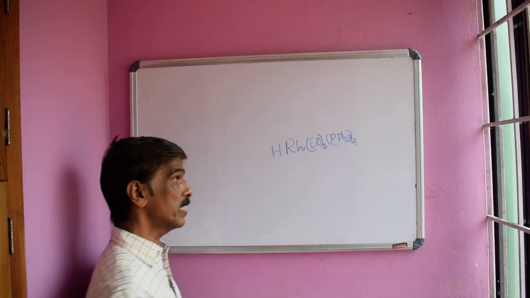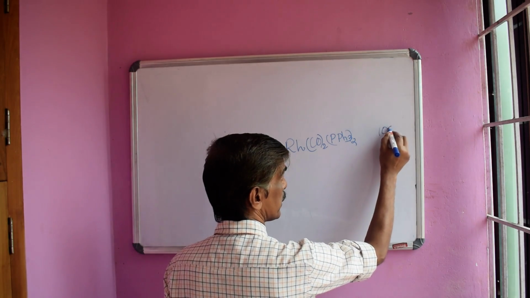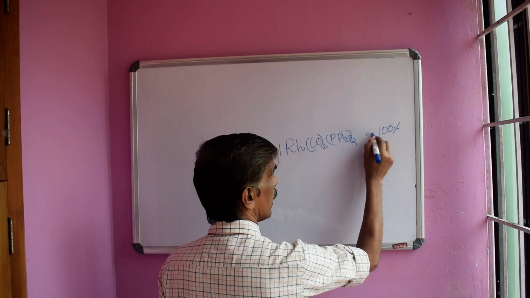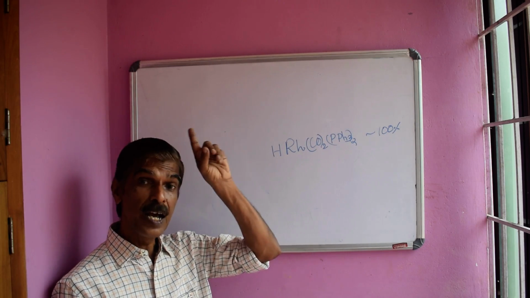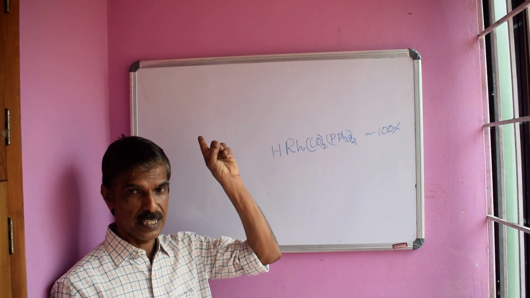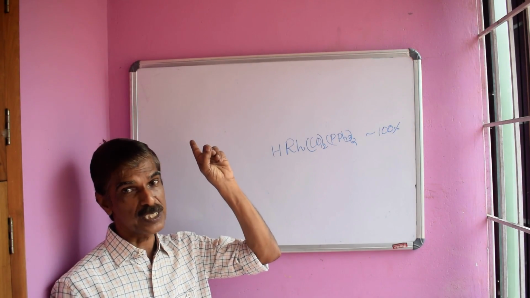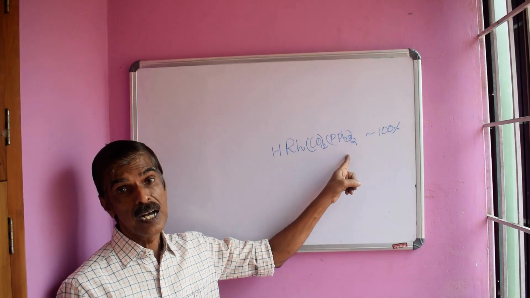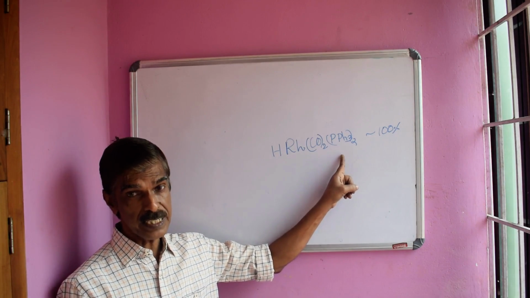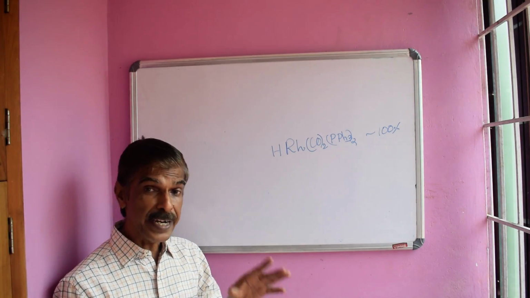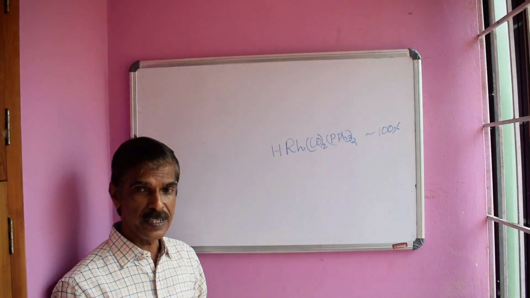And it was seen that the yield of the straight chain is almost 100%. Wilkinson's catalyst is the catalyst used in the hydrogenation of olefins. This of course was suggested by Wilkinson.